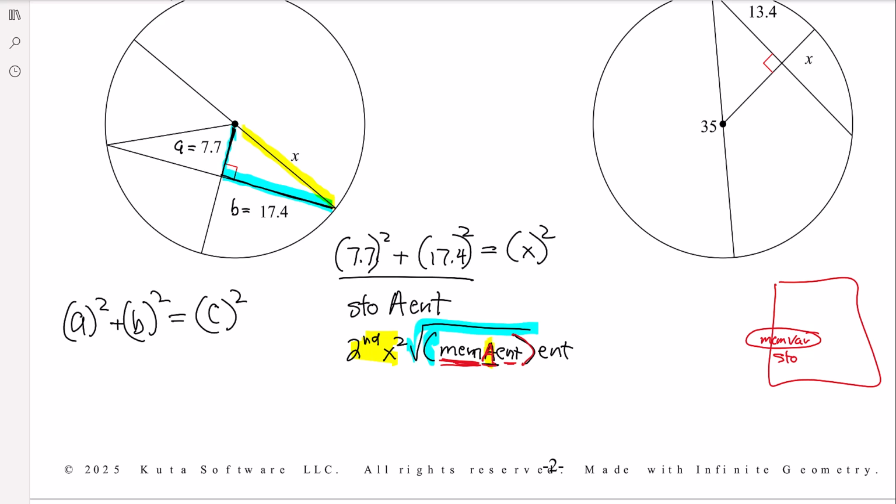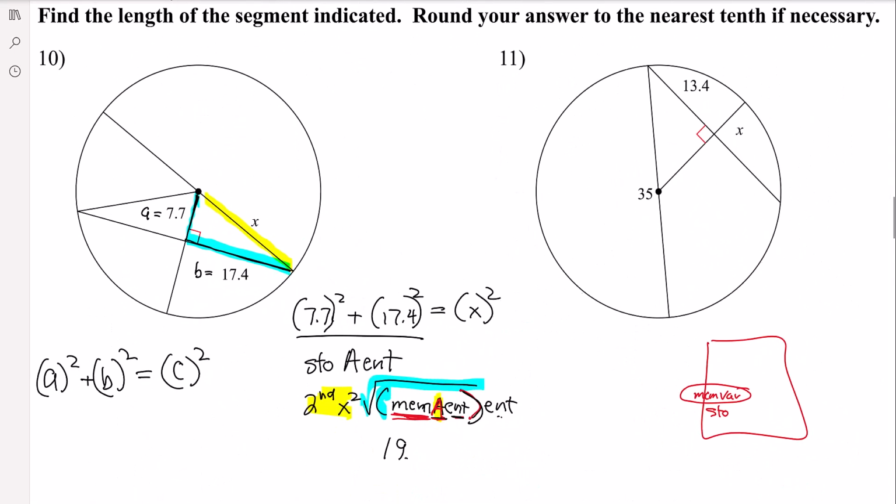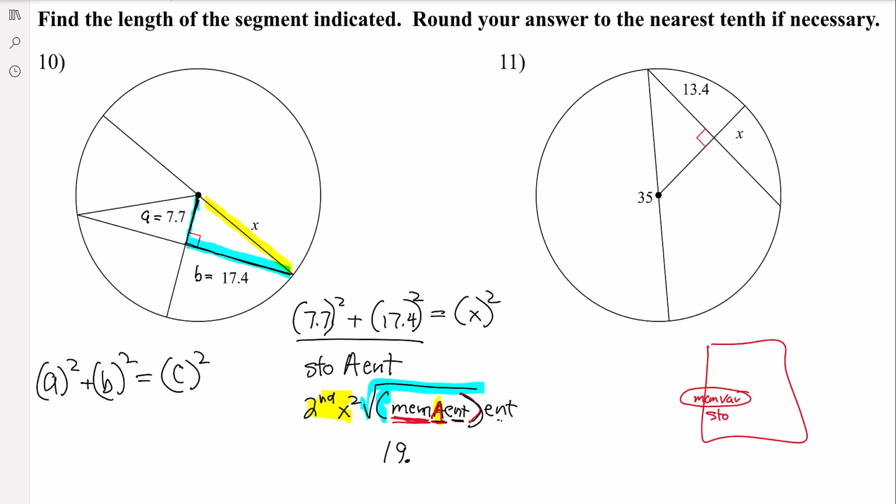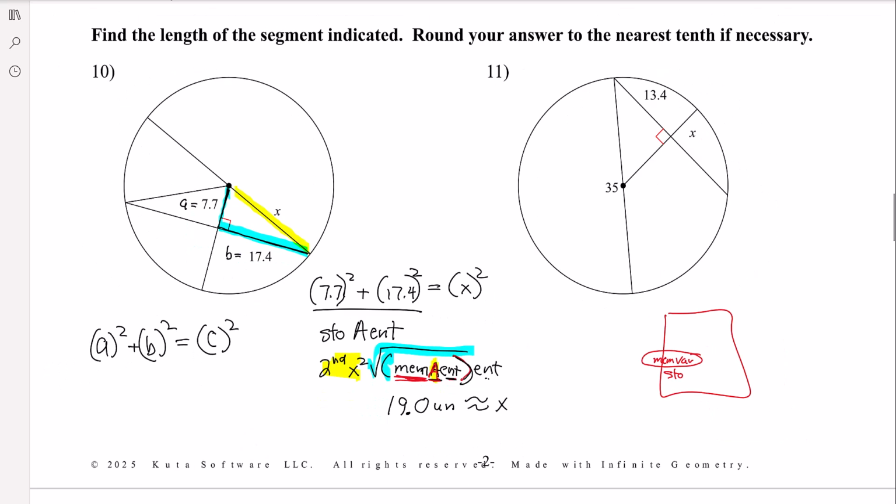And so now what we get is, I think you have to enter, parentheses, enter again. And then what we have is a 19 point, round to the nearest tenth if necessary, about 19.0 units is about the length of x right there.